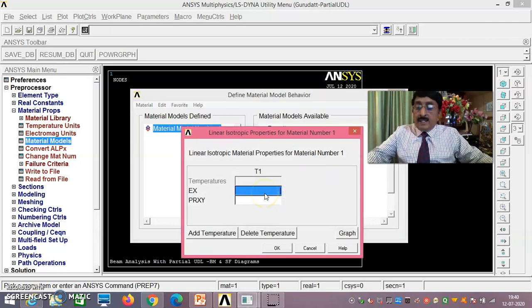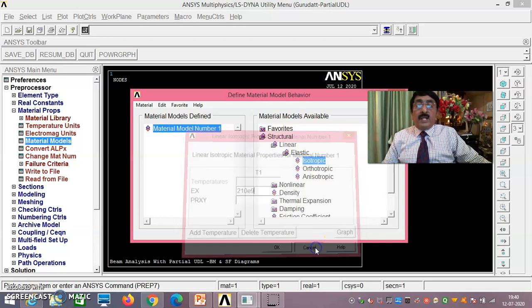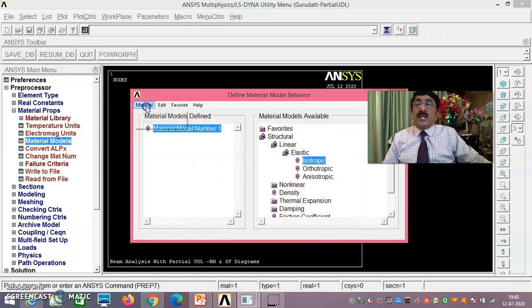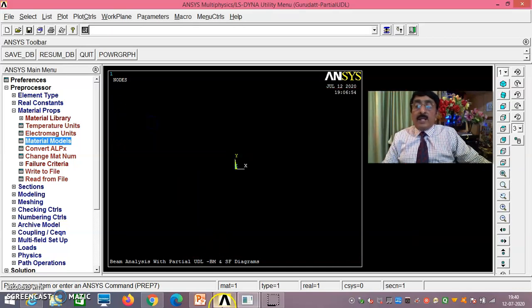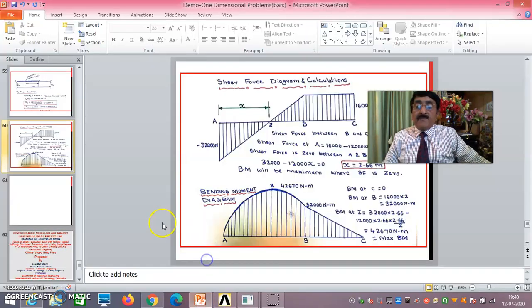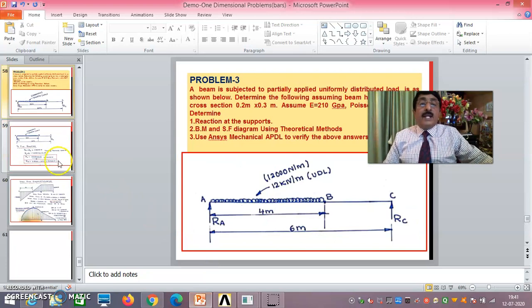It is 210 E9, or 2.1 E11, because in this problem you see here 210 E9. As you see in this problem, it is 210 GPa.